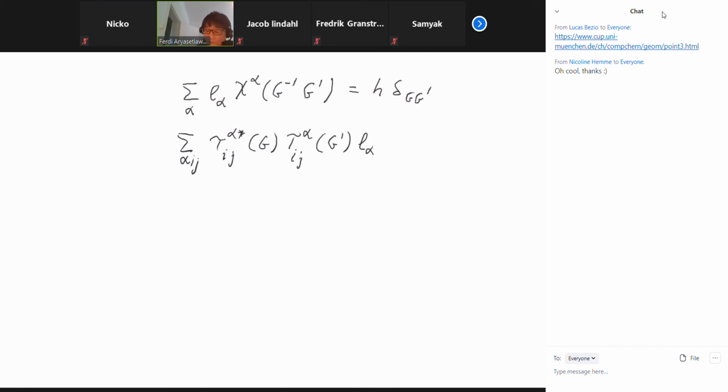So that's what we have in the beginning. First thing let's show this. Let me use the unitarity of the representation. And then what do we get here? Yes. So this is equal to the sum over ij of, minus 1, so then here becomes the unitarity of the representation.